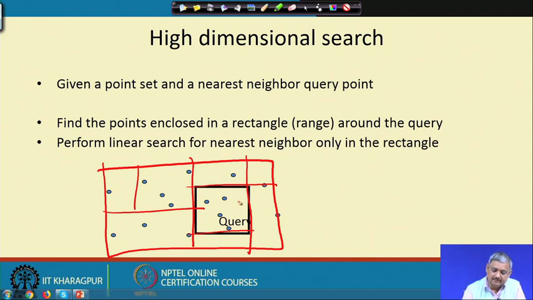And when a new query point comes, you do two steps to find the nearest neighbor. First, you find out which box this query Q belongs to.